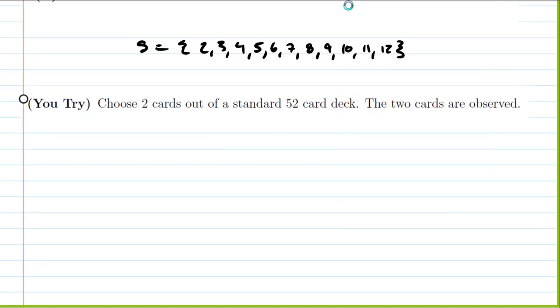If we're choosing 2 cards out of a standard 52 card deck, what would our sample space look like? Trying to list all of them is going to get really, really long, so you might want to just describe it in words. I mean, you can, but if you had to choose 2 cards out of a standard 52 card deck, 2 cards are observed, what's our sample space going to look like?